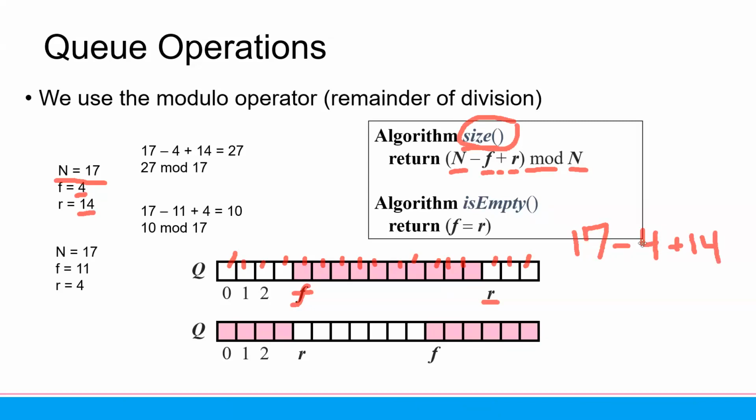Then the result will be 27. And we do modulo n: 27 modulo 17. What is the result? It is 10. We have 10 elements here.